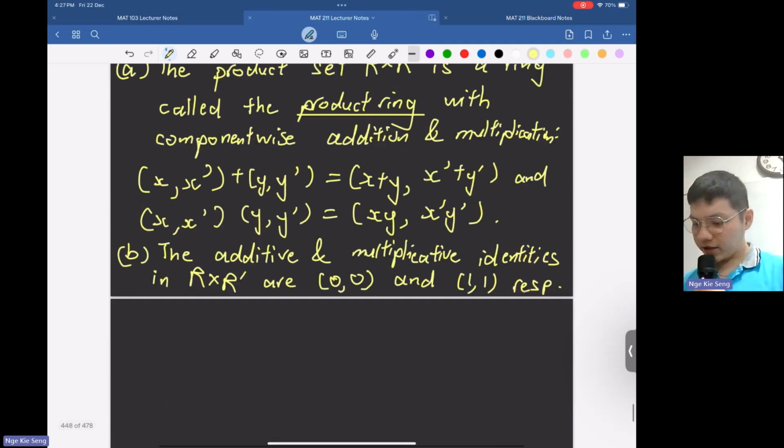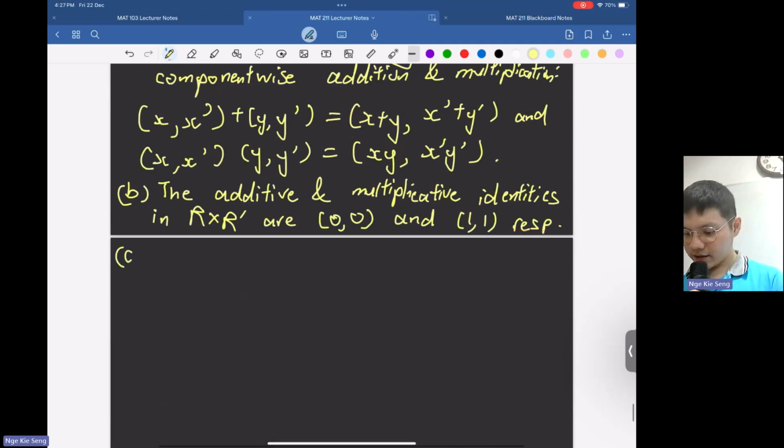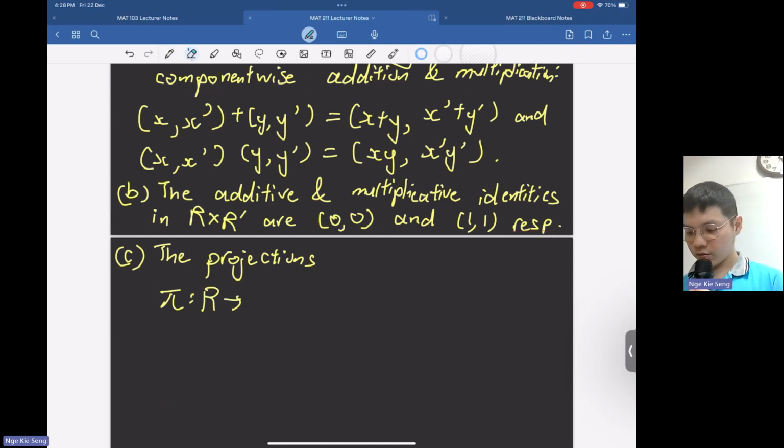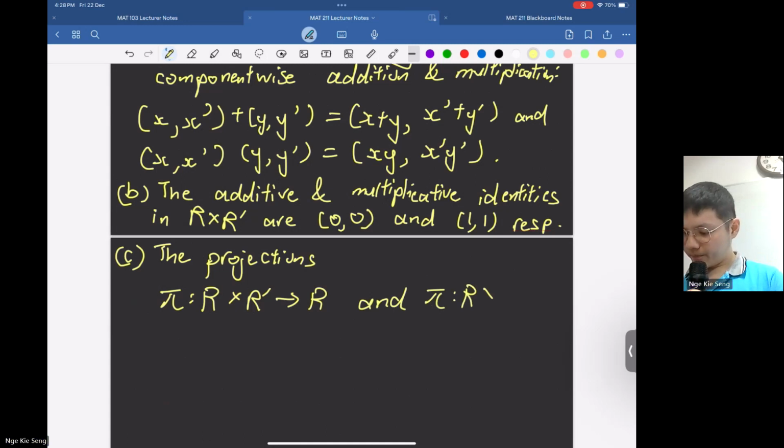There are some other properties you can see. We can look at projections. We can just look at one component, for example. We can project to R, or we can project to R'. What does this projection do?